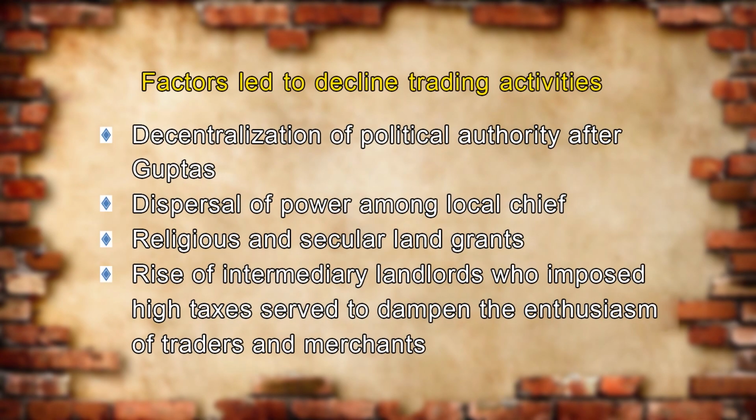Other factors such as the decentralization of political authority after the Guptas, dispersal of power among local chiefs, religious and secular grants, and the rise of intermediary landlords who imposed high taxes served to dampen the enthusiasm of traders and merchants and led to a decline in trading activities.